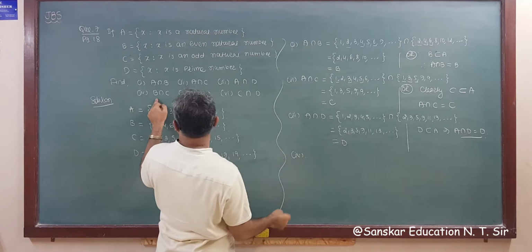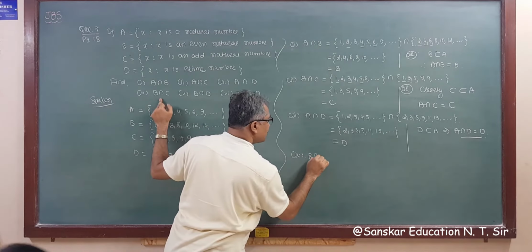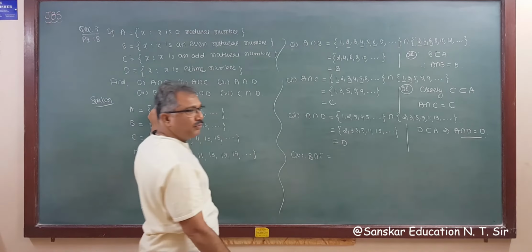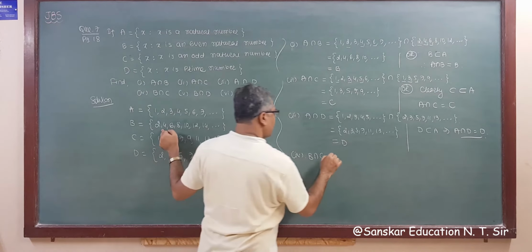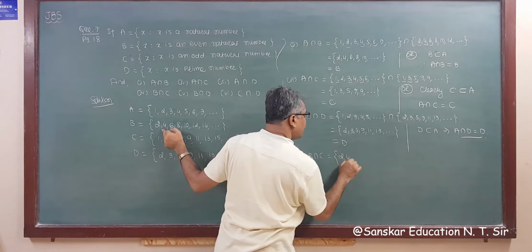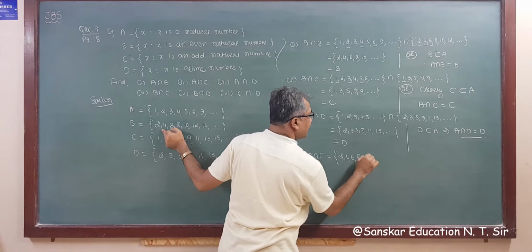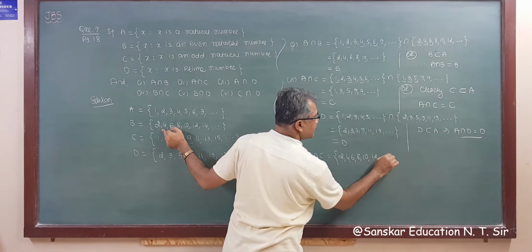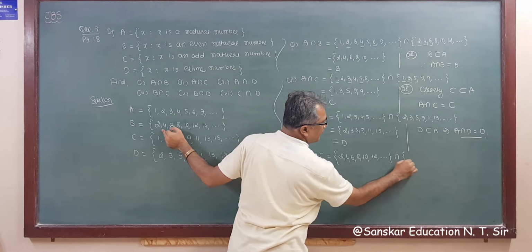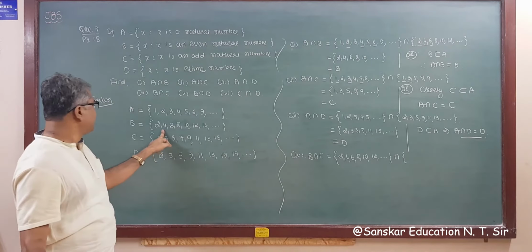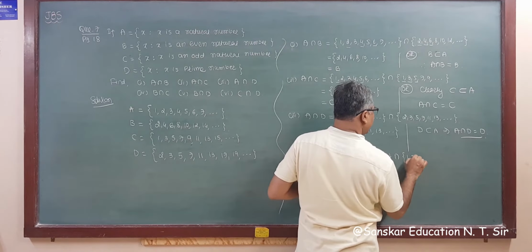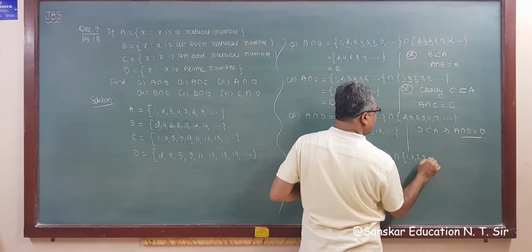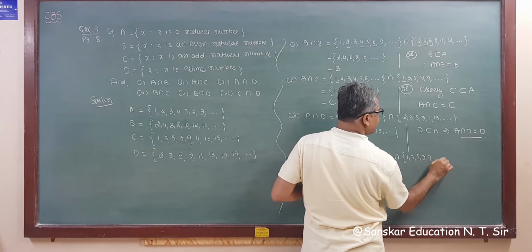So the fourth question is, we have to find B intersection C. Now B is the set of even numbers, that is 2, 4, 6, 8, 10, 12, intersection C, which is 1, 3, 5, 7, 9.